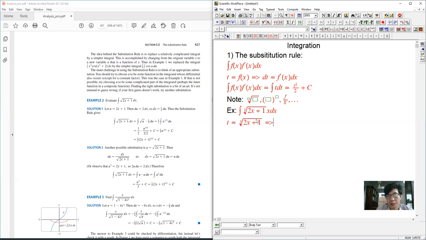Before taking the derivative of this function, we cube both sides, so we get t cubed equal to s plus 1, and we take the derivative of both sides. We have 2t squared dt equal to ds.